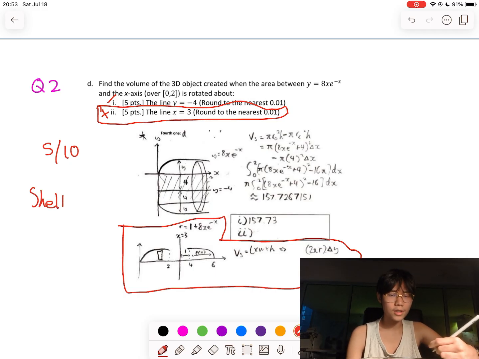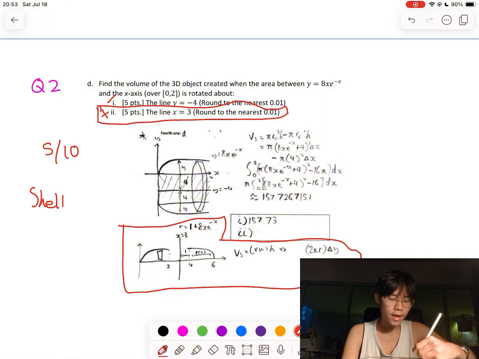And so let's just first cover what went wrong. And to do that, we need to cover what went right. So I knew I had to make a slice parallel to the axis of revolution, since it was a shell method question. And you can see that I made the slice here.